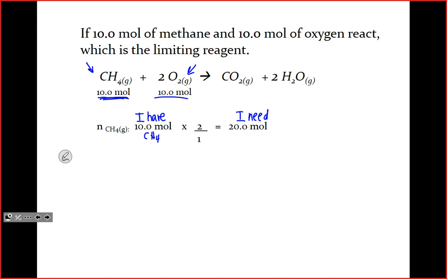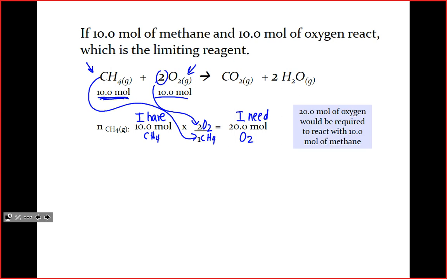CH4 is what I have, and this is what I need. That's where that comes from, because that's what I'm looking for, and this is the 10 moles of methane. If I use my molar ratio, I know that I need 20 moles of O2. Okay, it makes sense, right, kiddos? Now, that's really telling me nothing yet.